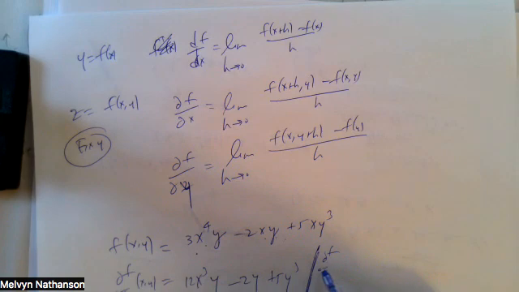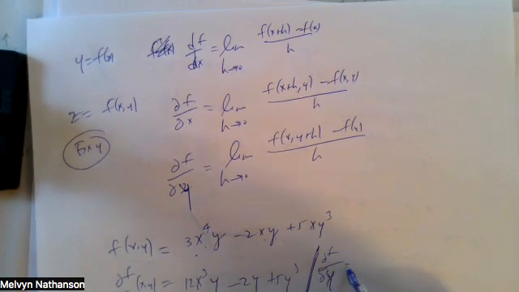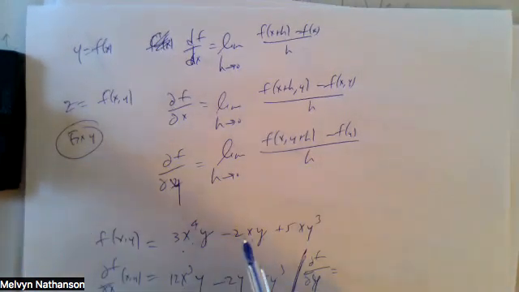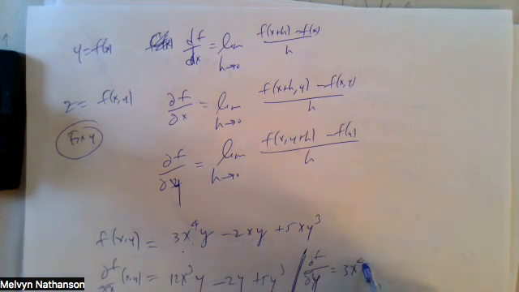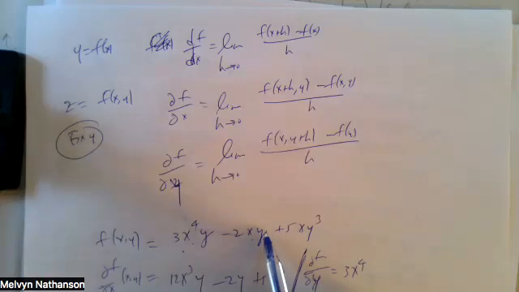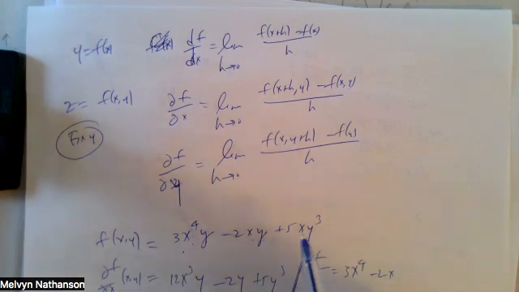And the partial of f with respect to y, if you fix x, this is 3x to the fourth times y. The derivative of y with respect to y is 1. So this is 3x to the fourth. Minus 2xy has a derivative with respect to y of minus 2x.